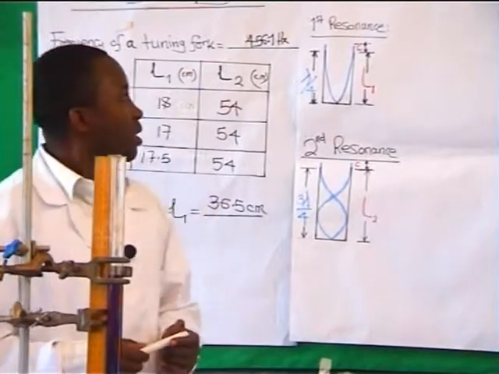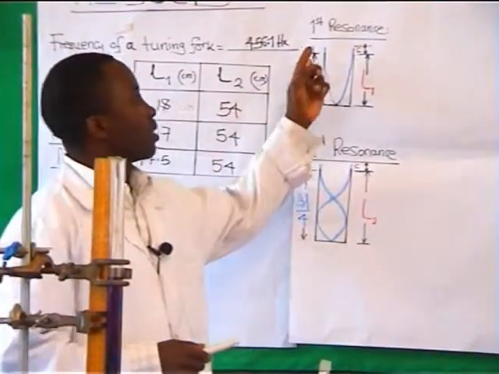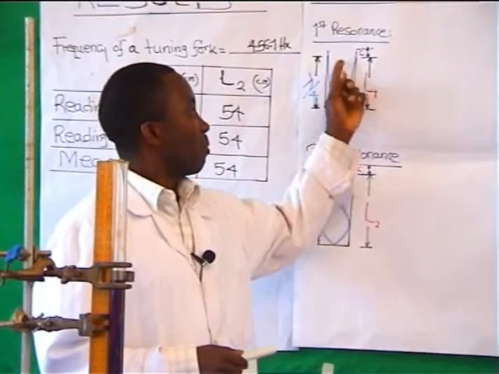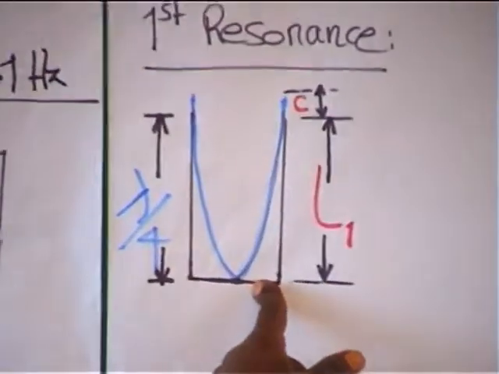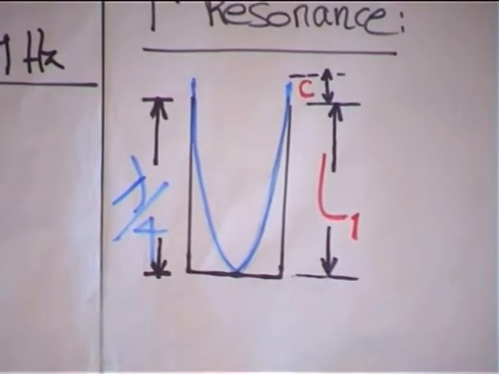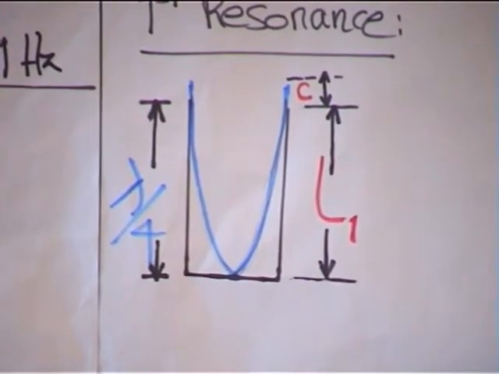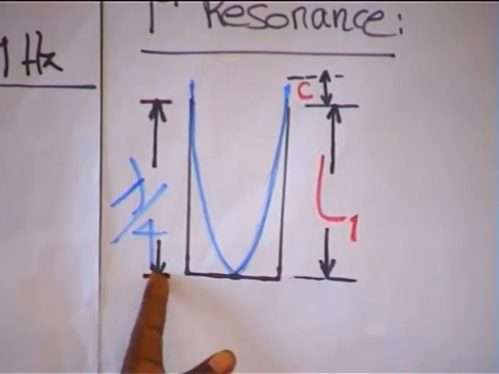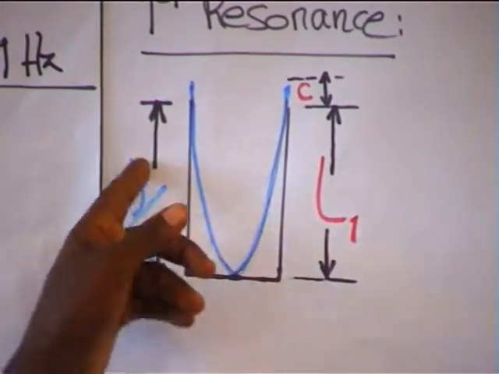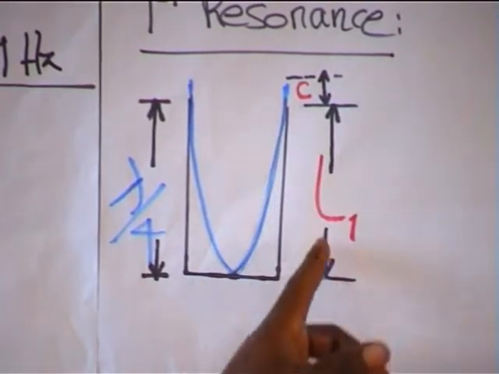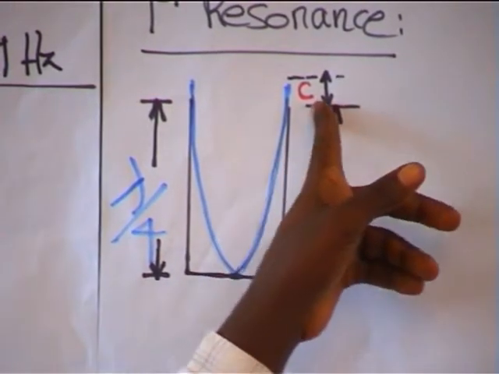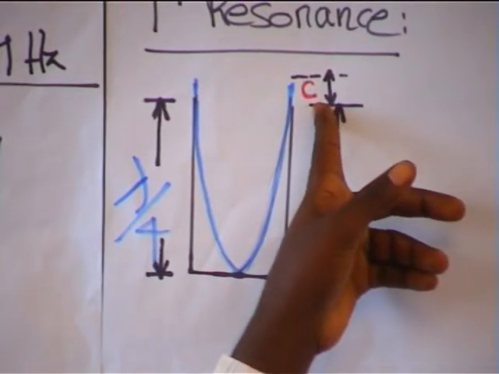From this result, we can say that at the first resonance, the air column above the water level was vibrating at the fundamental tone. That is to say, the wavelength over 4, a quarter wavelength, was equal to the length plus end correction.